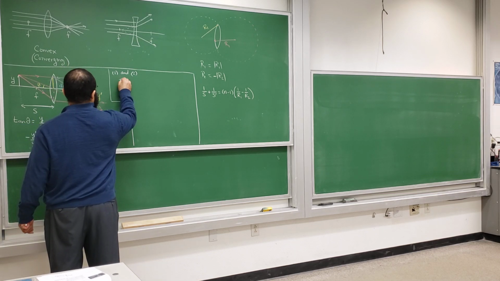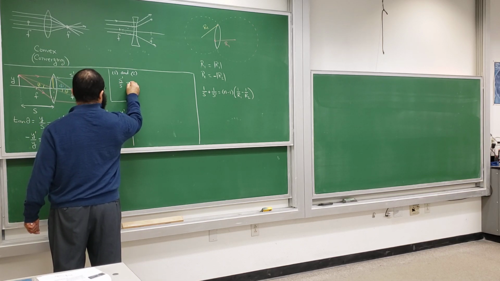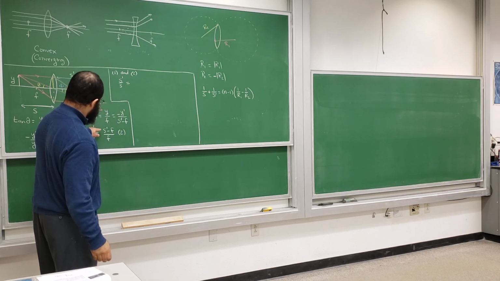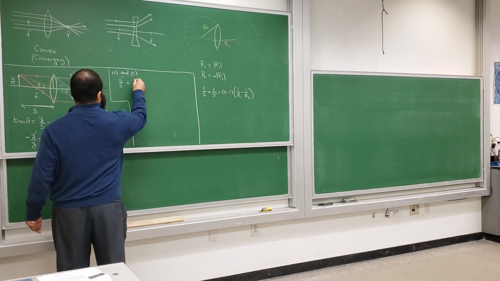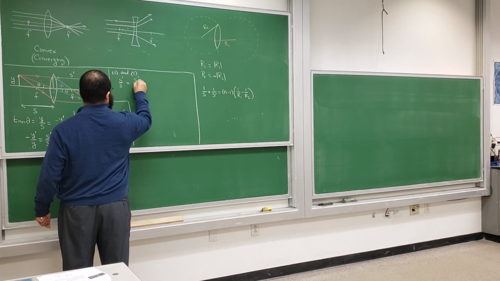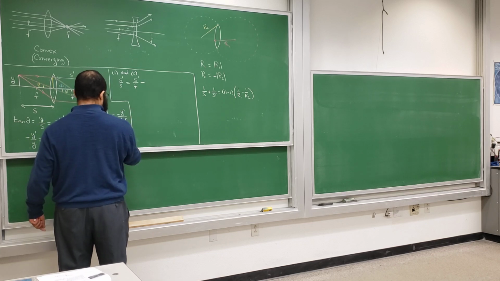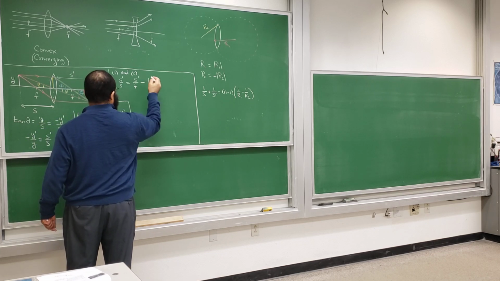So I get s prime over s will equal to this one here. This one you have s prime over f. Right, I'm going to just break the fraction. Minus, what is f over f? Just 1.